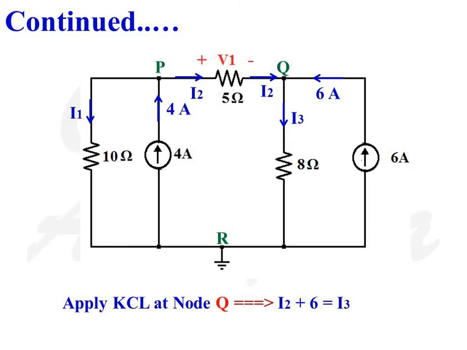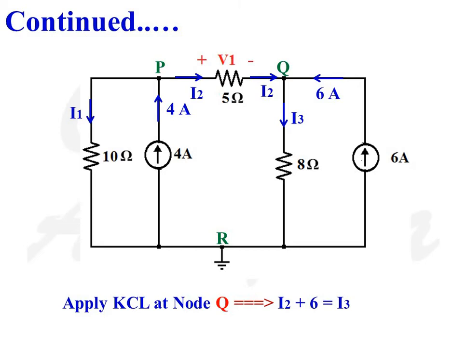So according to KCL, total incoming current is equal to total outgoing current. So total incoming current is equal to I2 plus 6 and total outgoing current is equal to I3.